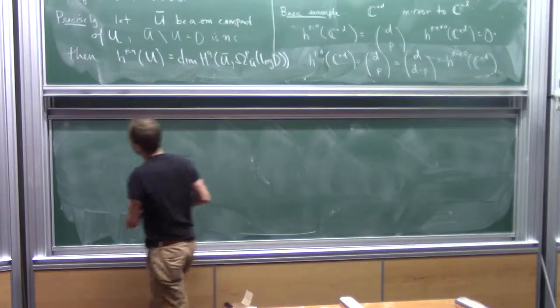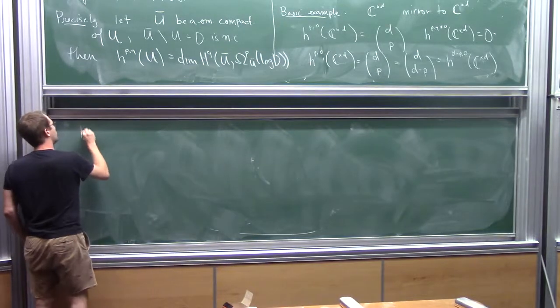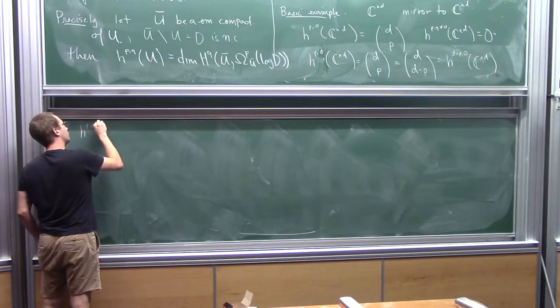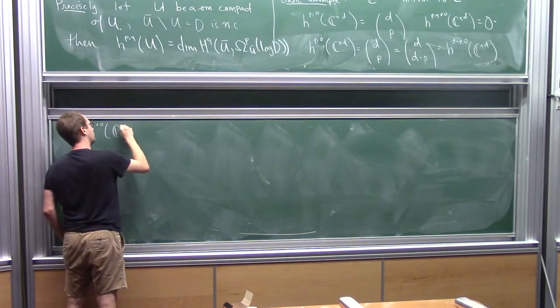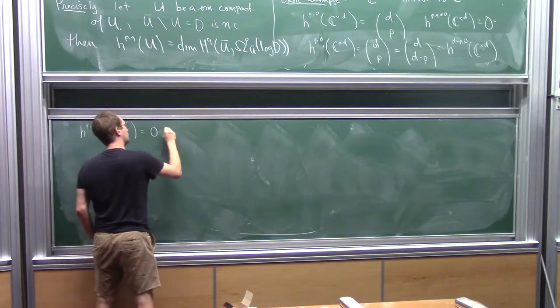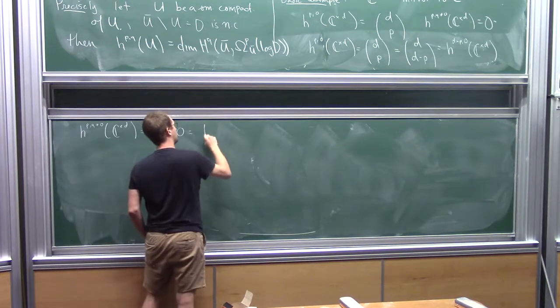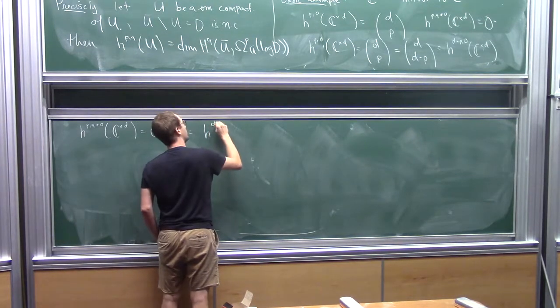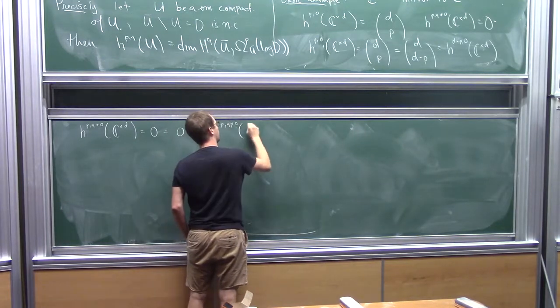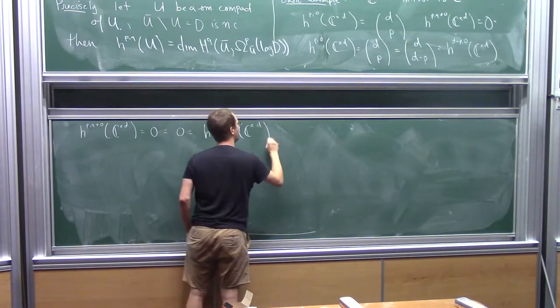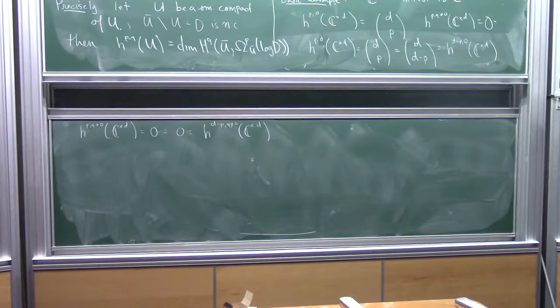You can complete the computation by noting that h^{p,q} for q not equal to 0 is equal to 0, which is equal to h^{d-p,q} for q not equal to 0 of C star to the d. So you see you get the correct symmetry for C star to the d.